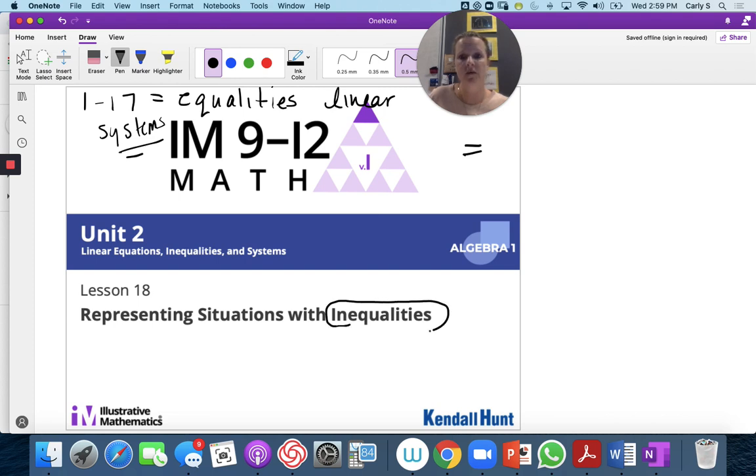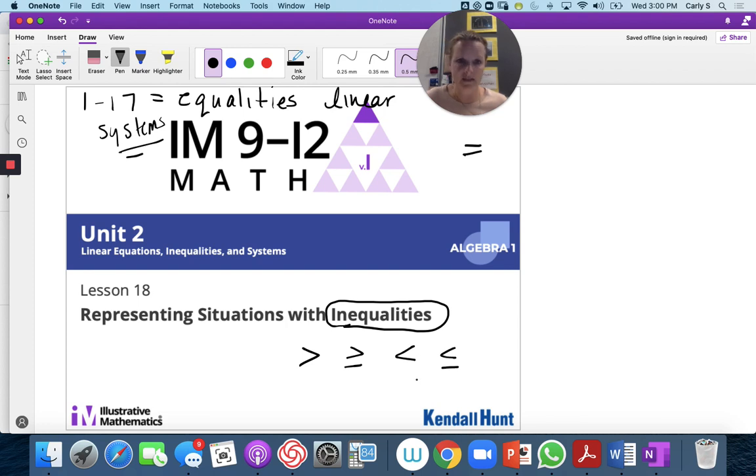So we're going to start with just situations with inequalities, just like we did with equalities. We did simple situations, and then we moved on to systems of inequalities. So here we're going to do inequalities which are greater than or equal to, less than, or less than and equal to.